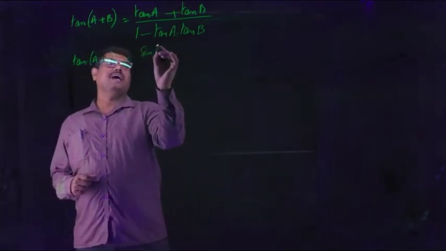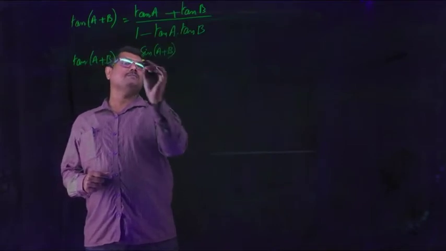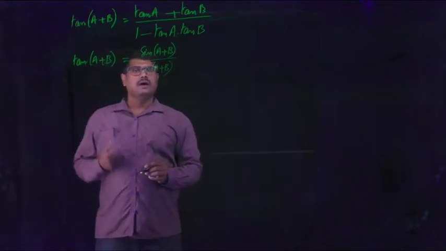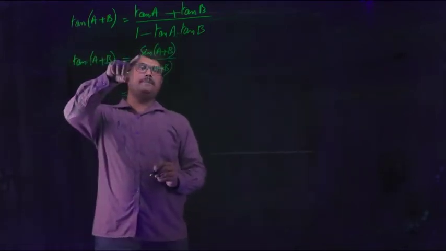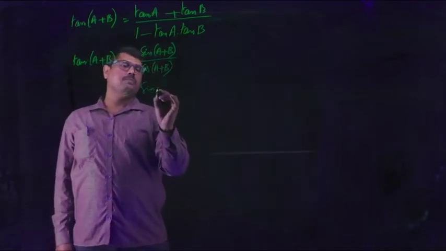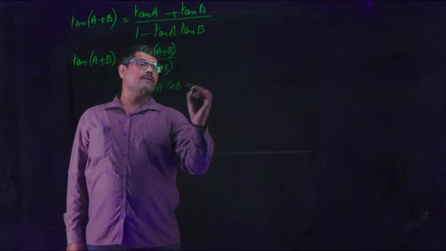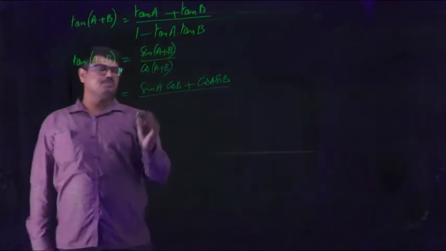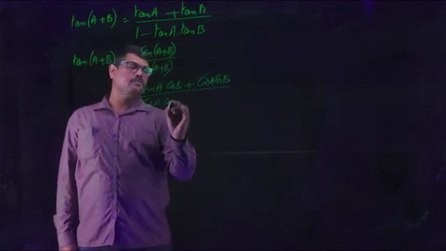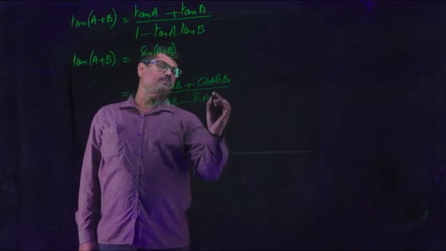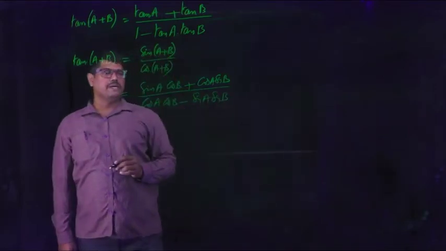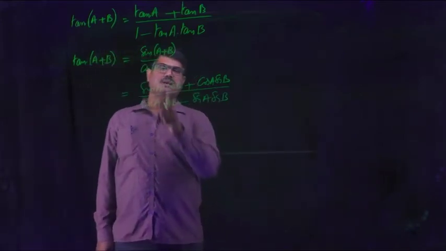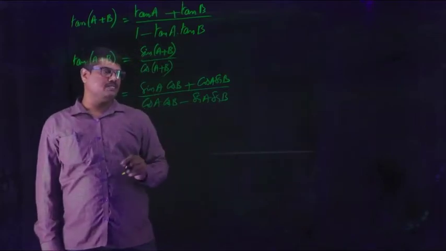So write tan of A plus B as sin A plus B by cos A plus B. Already we verified both formulas, sin A plus B and cos A plus B. Write its formula sin A cos B plus cos A sin B, which is sin of A plus B. And write cos A plus B formula, which is cos A cos B minus sin A sin B. Remember, sometimes you may get confused by writing cos A plus B as cos A cos B plus sin A sin B. Remember, cos A plus B is cos A cos B minus sin A sin B.